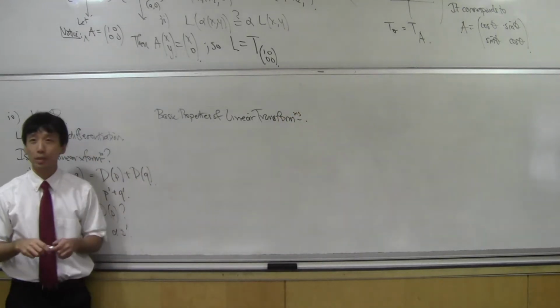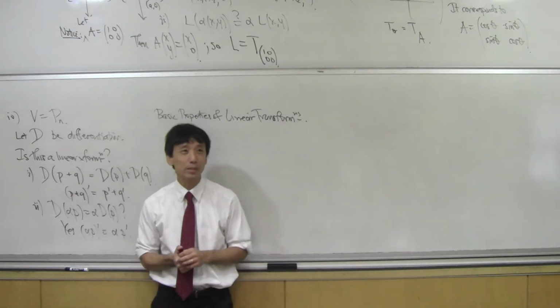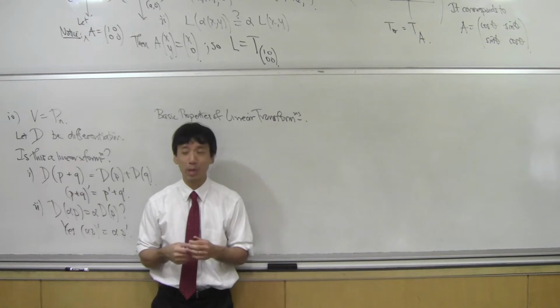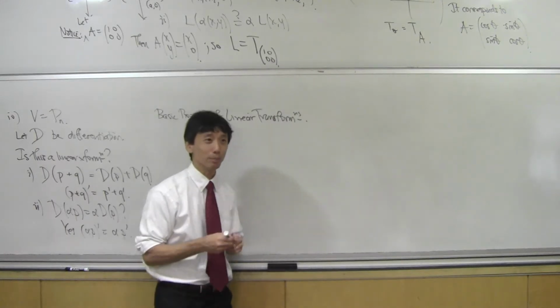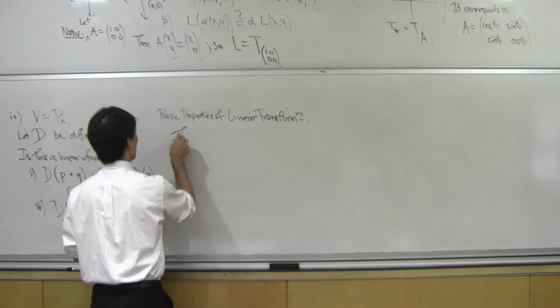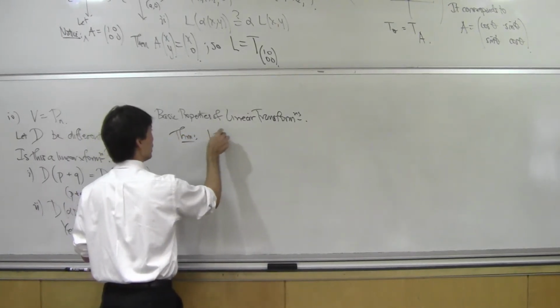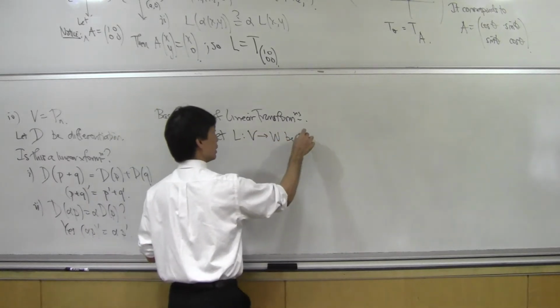This is along the same lines as when we first introduced vector spaces, and we proved a bunch of not very interesting properties using the definition of the vector space. That's basically what we're going to do here. So, the game is this. Let L from V to W be a linear transformation.